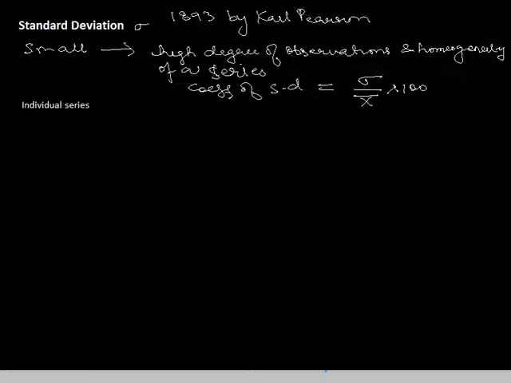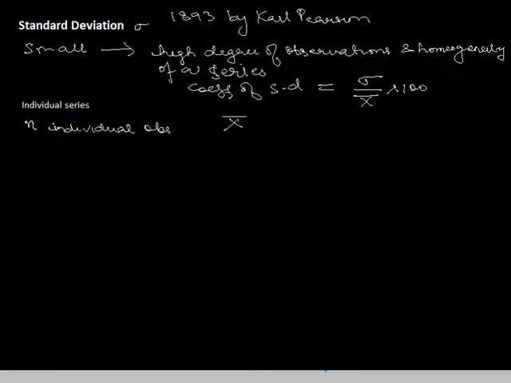Now let's see how you can compute standard deviation for an individual series. Let's say there are n individual observations x with mean value x bar.